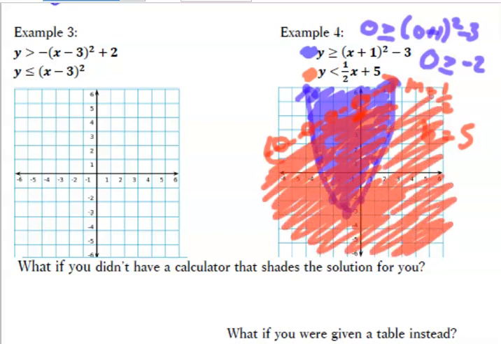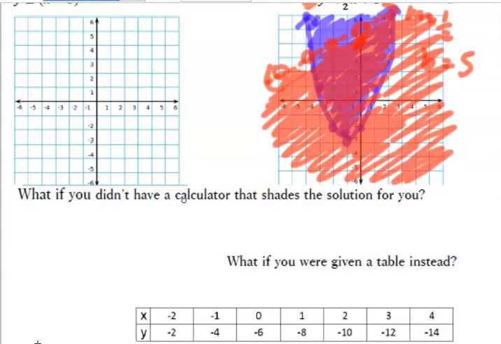Now the part that is the solution is the part that is shaded for both colors. That's this part right here. Now if you didn't have a calculator that shades the solution for you, again, do your test points.